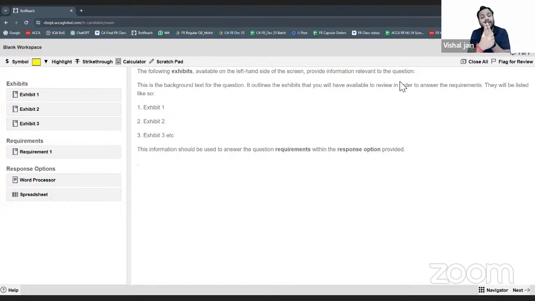If any of the three is missing, you are preparing yourself for a fail. You need to ensure that you have done all three: conceptual clarity, practice of sufficient questions, and in the ACCA practice platform, nowhere else. Is that clear? If you do this much, your success in SBR is guaranteed. That's all I can say.